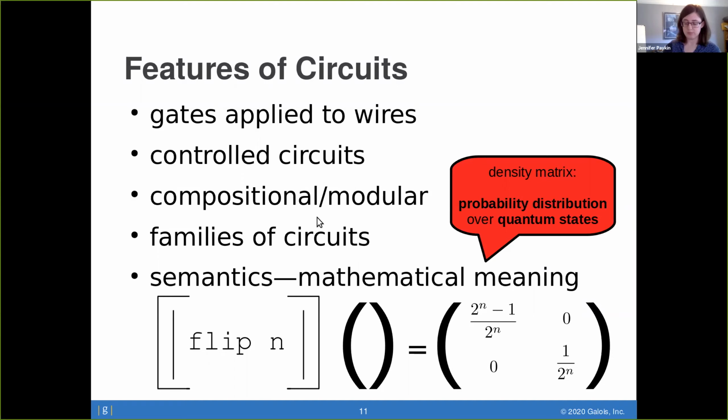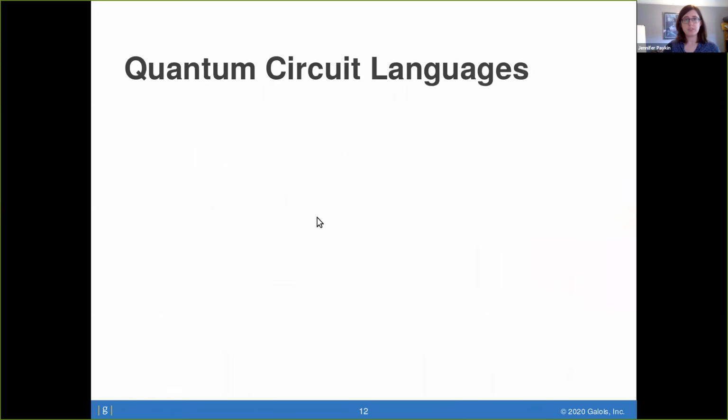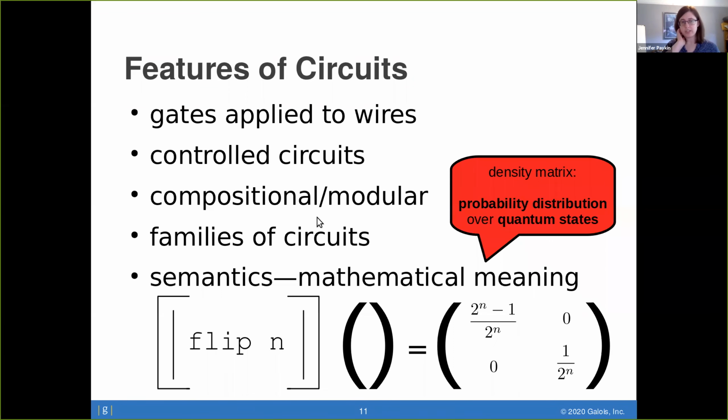And when we're working in a setting like quantum, where the behavior of our programs is not intuitive, I think it's even more important that we have those features. So are there any questions about that idea? I'm not going to go into the details of how these density matrices work, but you can find them in lots of resources.